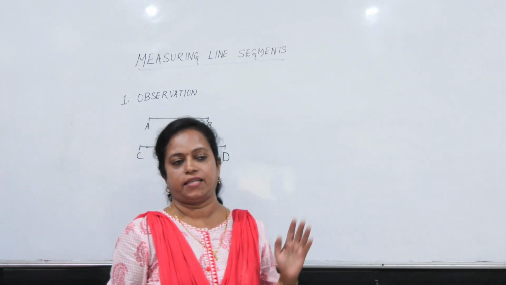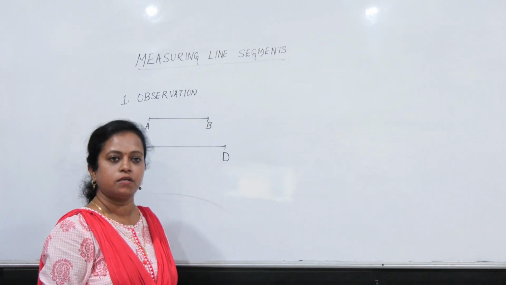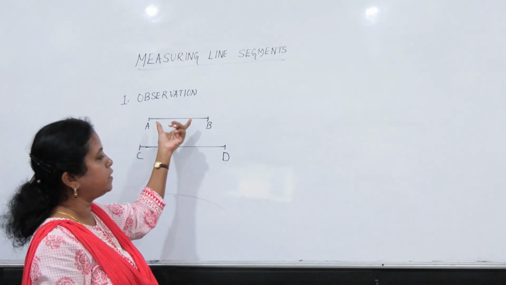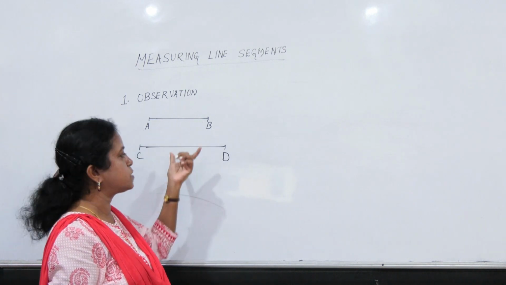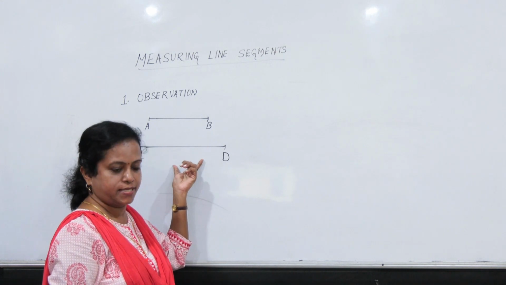आप देखकर बता सकते हैं कि इन 2 लाइन सेगमेंट में कौन सा लाइन सेगमेंट बड़ा है और कौन सा लाइन सेगमेंट छोटा है, because it is very clear that the line segment AB is smaller than the line segment CD, or CD is a longer line segment.